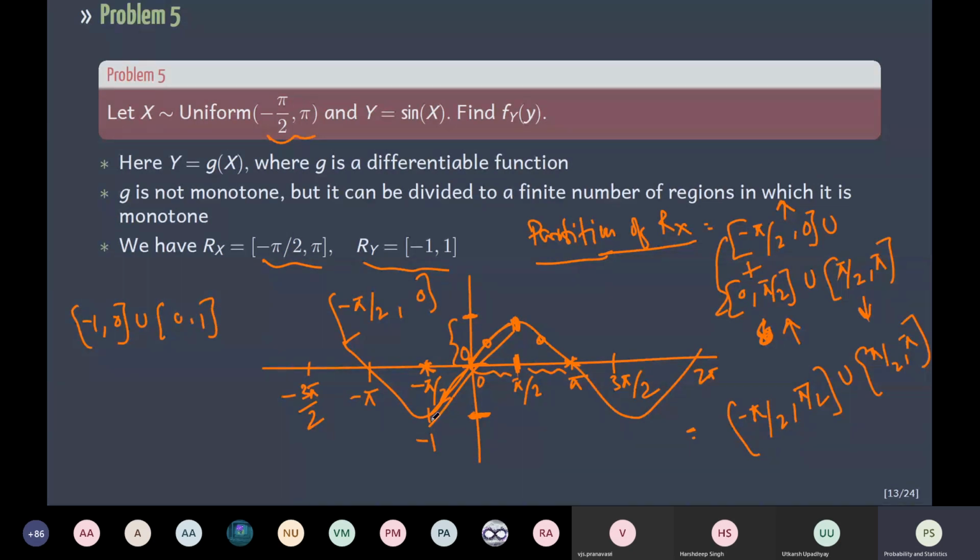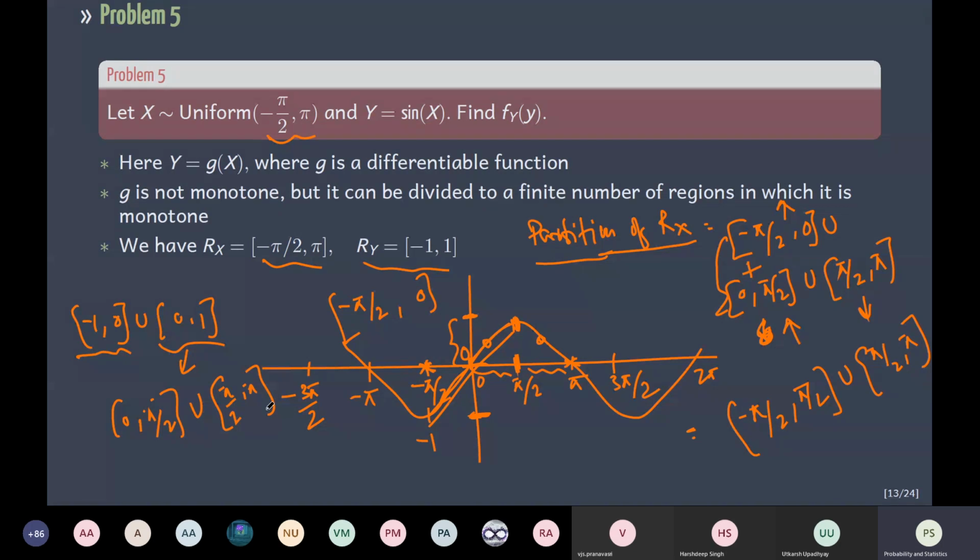So in this case, -1 to 0 I have figured out, and this is where I have written. Then for this part, I go back and see from here to here how I can split the range of x. In this partition, I see the range of x is 0 to pi by 2, and then union of pi by 2 to pi.